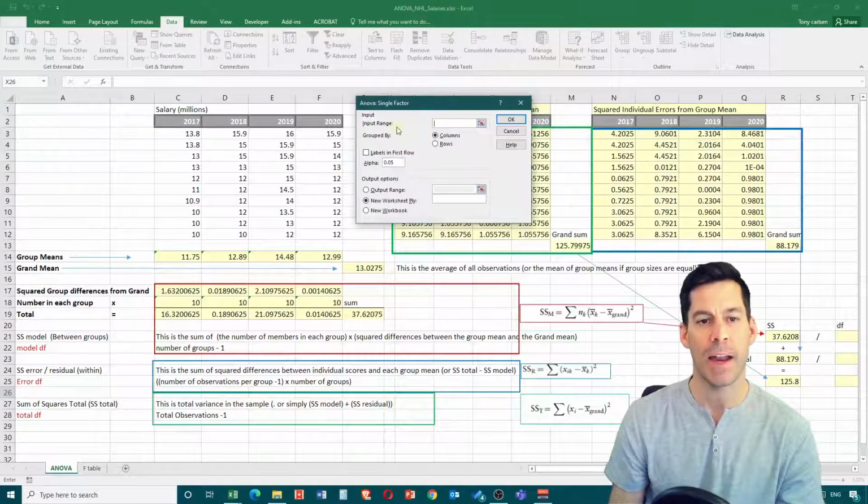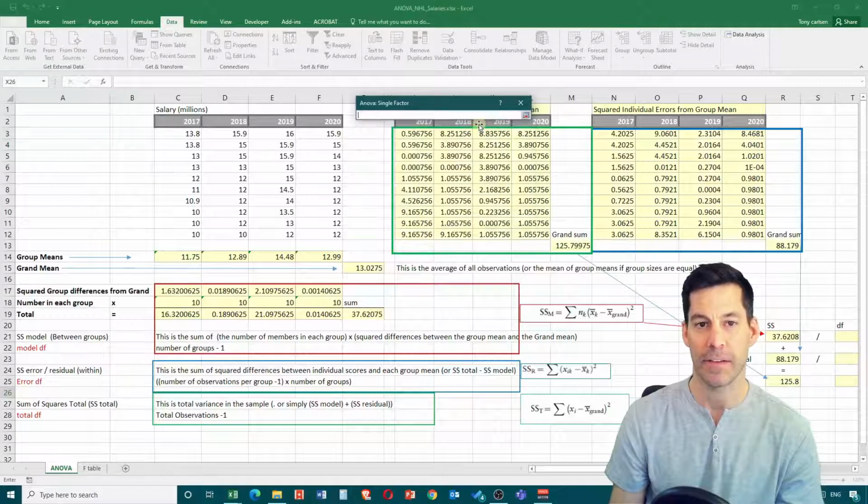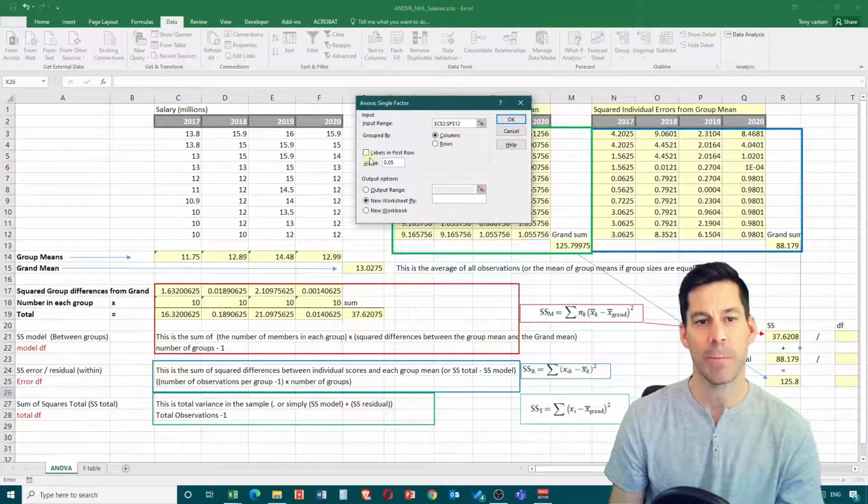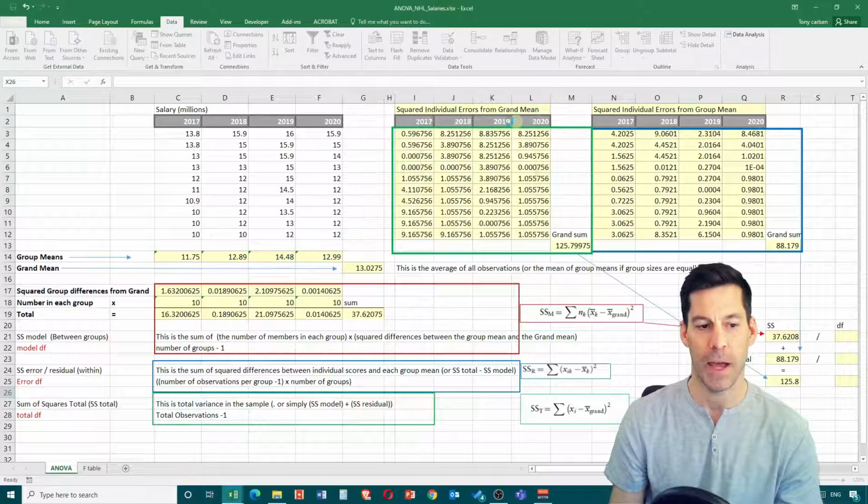And I'm going to have data that's grouped by columns. So I'm going to select all of my data, including the headings in this case. Then I'm going to tell it that there are labels in the first row. And I'm just going to ask for it in a new worksheet and click OK.